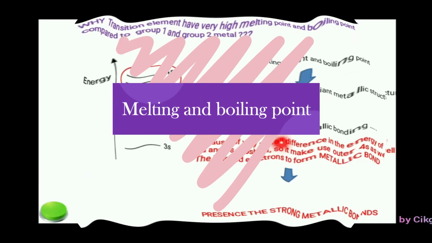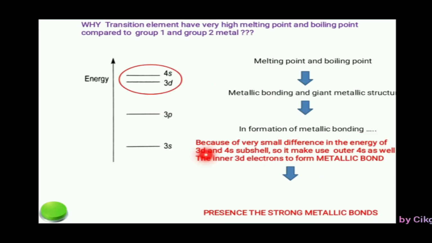Because of the very small difference in the energy of the 3d and 4s subshells, it makes use of the outer 4s as well as the inner 3d electrons to form metallic bonds. This refers to the filled electron configuration. So it has orbitals here that contain electrons.